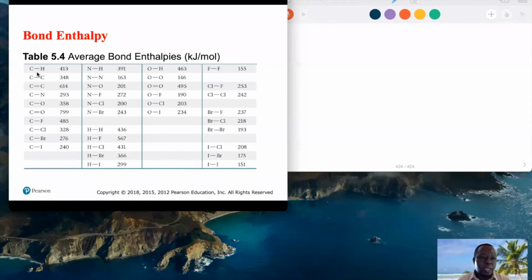If you look at this, it involves different elements, and understand that a double line stands for a double bond, three lines stand for a triple bond, single lines mean a single bond. What this shows is how much energy is given off or how much energy is required to break this bond.